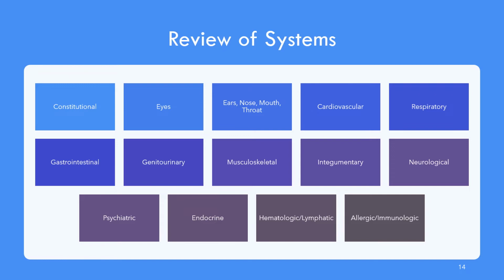A review of systems, or ROS, documents the presence or absence of common elements across 14 major body systems. These include constitutional, eyes, ears, nose, mouth, and throat, cardiovascular, respiratory, gastrointestinal, genitourinary, musculoskeletal, integumentary, neurological, psychiatric, endocrine, hematologic, lymphatic, allergic, and immunologic.